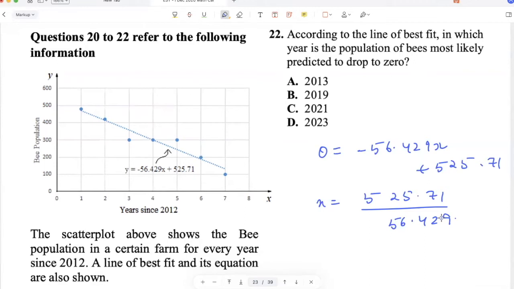So that's about 9 years, right? Nearly 9 years. So 9 years after 2012 would be 2021. So C.